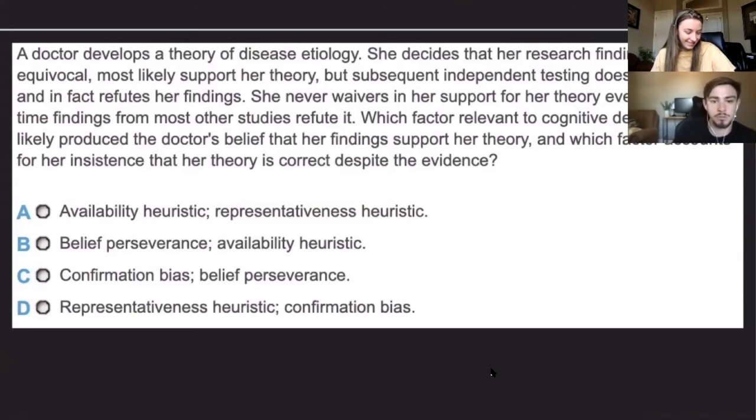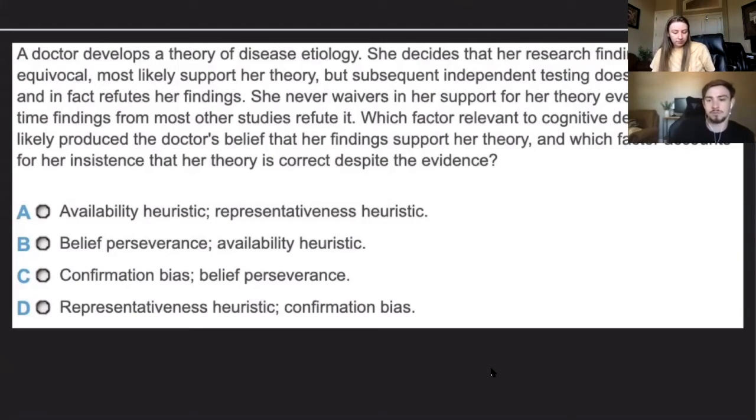So we're looking at a little bit of belief persistence right there, even though over time findings from most other studies refute it. Which factor relevant to cognitive decision making likely produced the doctor's belief that her findings support her theory? Okay, so let's see. And which factor accounts for her insistence that her theory is correct despite the adverse evidence? So these are two different questions. Let's take them one at a time.